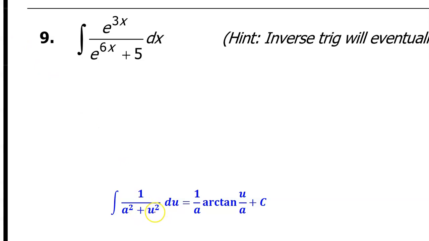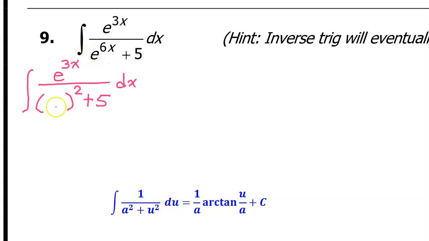To use the arctangent rule, I need u squared. So I need to turn this e to the 6x into something squared. What could I put inside the parentheses that would make this term have the same value as e to the 6x? How about e to the 3x?